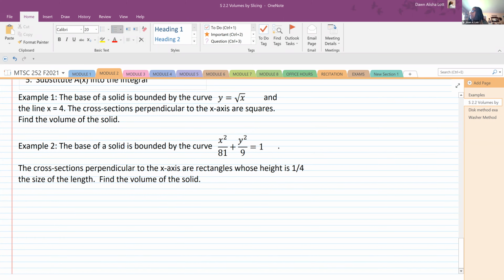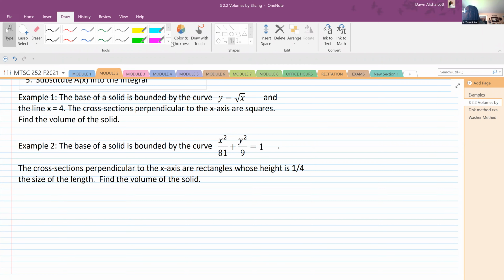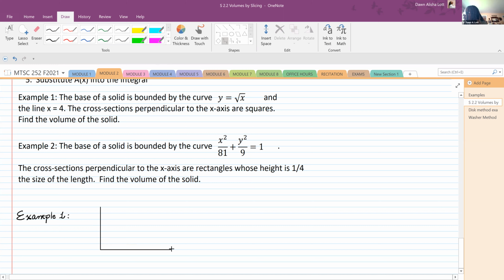So we're doing volume by slicing. Okay, so when we draw our base in the XY plane, this is example 1. My base is the square root of x.